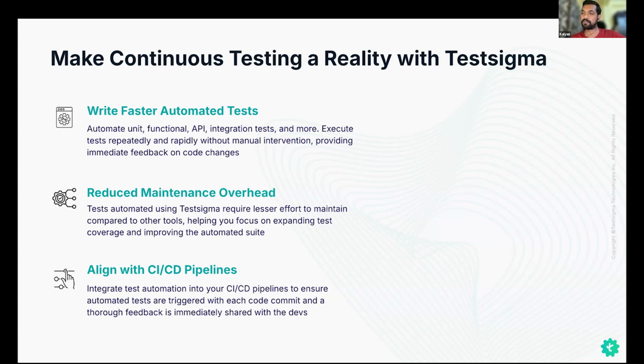Whenever there is a test that fails, you can immediately notify your development team saying, hey, this is where the test failed, and here are the logs, and here are the screenshots and videos of the execution. So that's something that you could do with Testsigma.